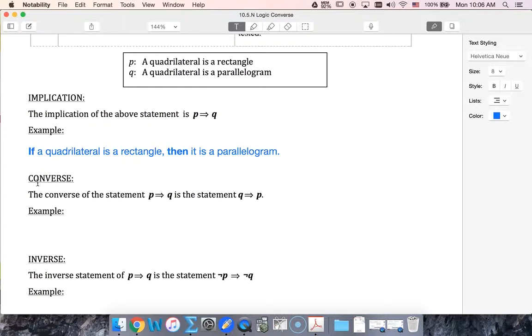Now the converse is when I take my order and change it around. So the converse is we switch the order.